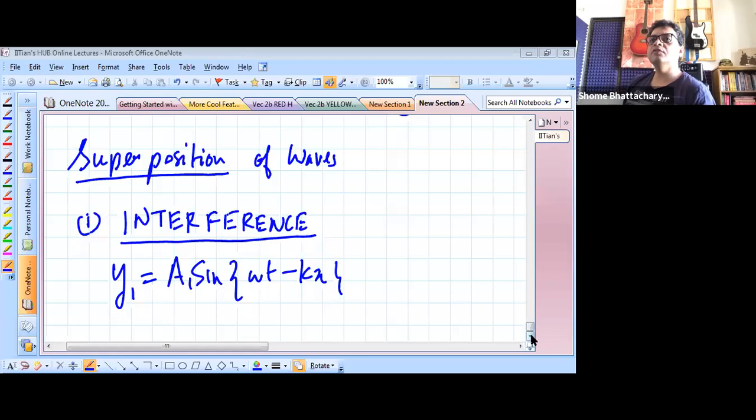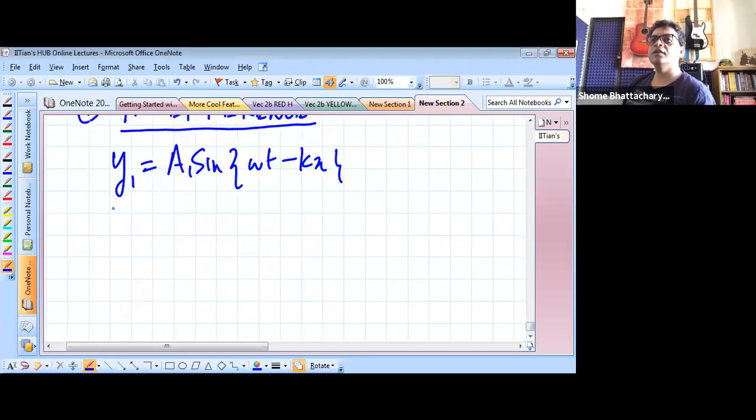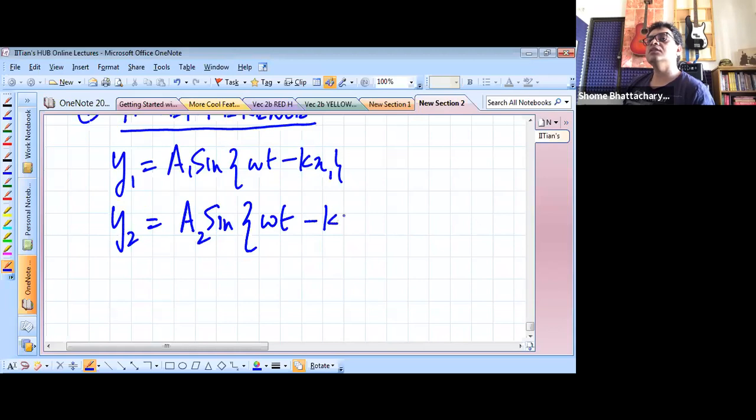Okay, so if we have one wave like this and another wave which is not necessarily having the same amplitude, having a different amplitude, but necessarily having the same frequency, and this is traveled at distance x1, let's say, this is traveled at distance x2, and plus it has some phase constant phi also in relation to this, then we will see that the superposition of y plus y1 is interference.